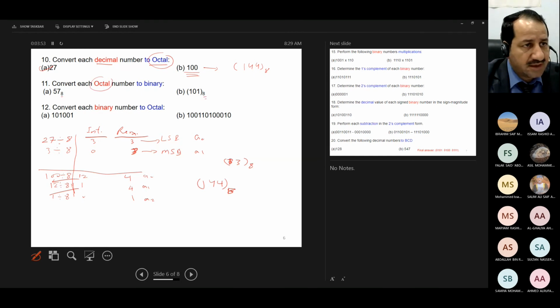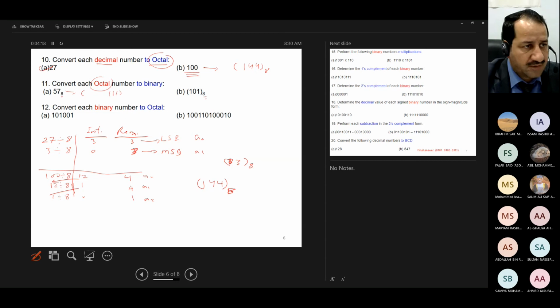Now, if you ask me to convert this number in octal to binary, what should I do? Each number will be represented by 3 digits. Excellent. So this one, what should I write from the right? 7 will be 1, 1, 1.